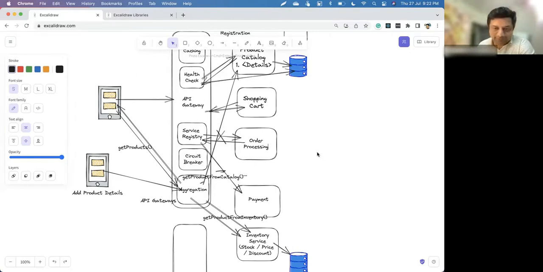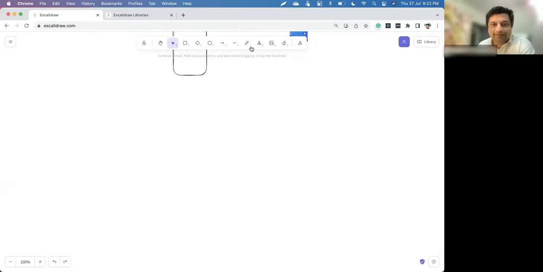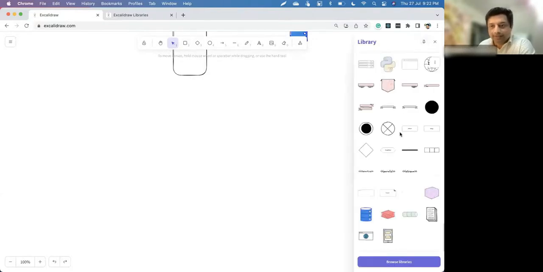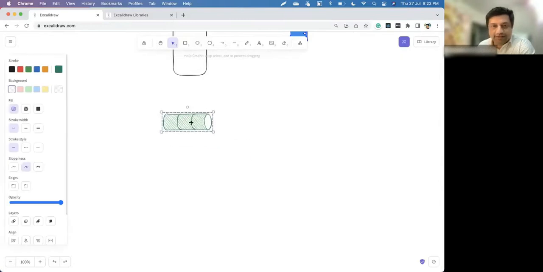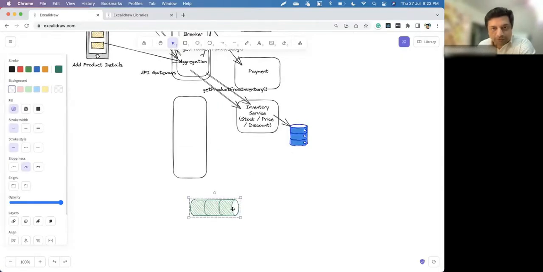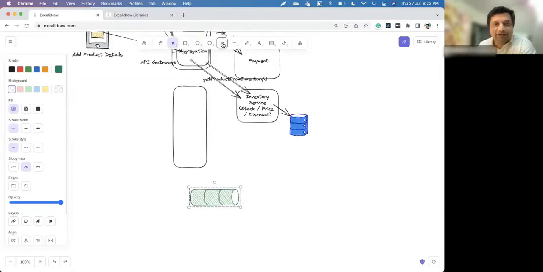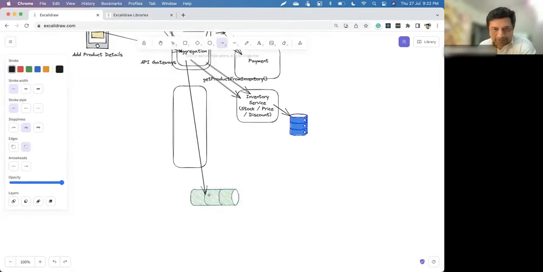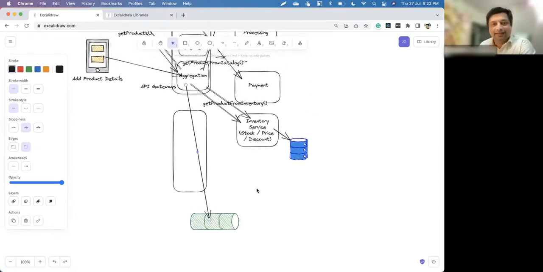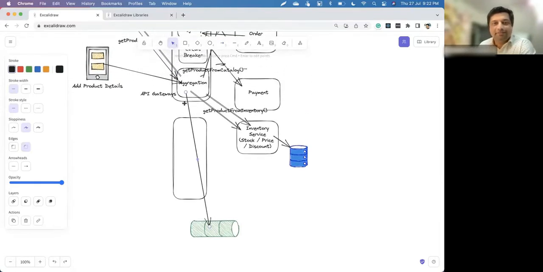So what you can do here is you can create a message queue, right? So the next pattern which we will be discussing is about message queues. Let me get a message queue here, this message queue. So what you can do is you can buffer all the orders, right, in the message queue.